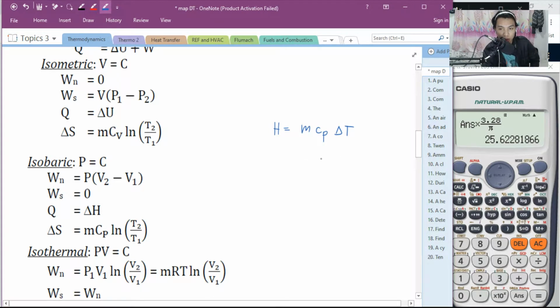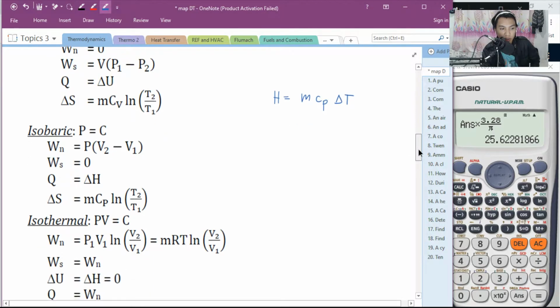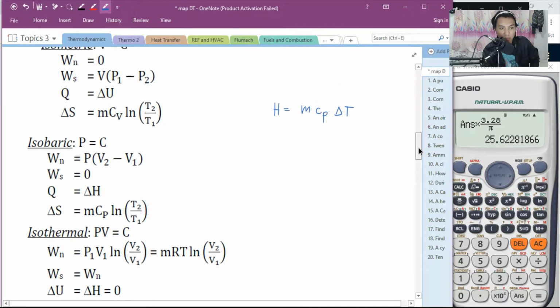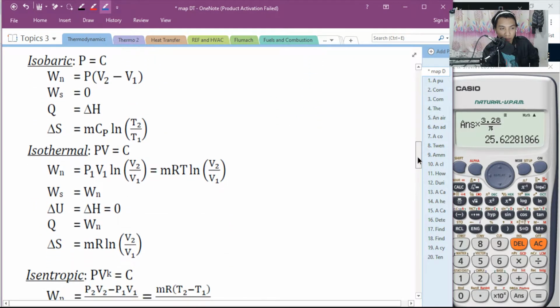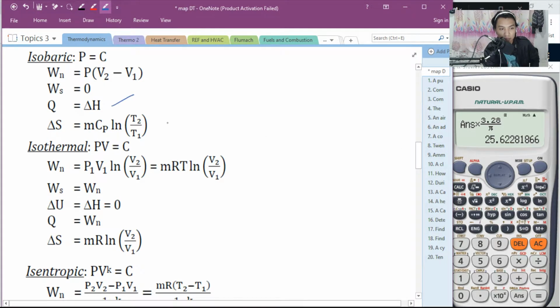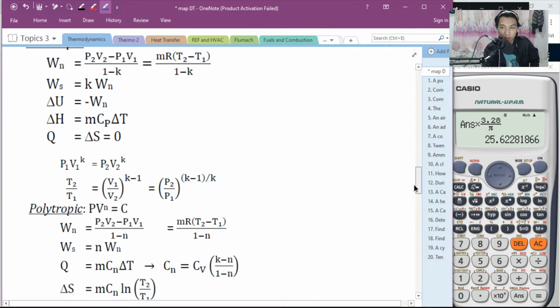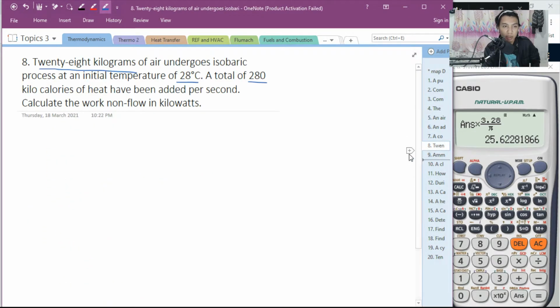That is H. That is heat. Okay? Bibigay ko lahat sa inyo itong notes na to. Now, you are given Q is equal to m Cp delta T.